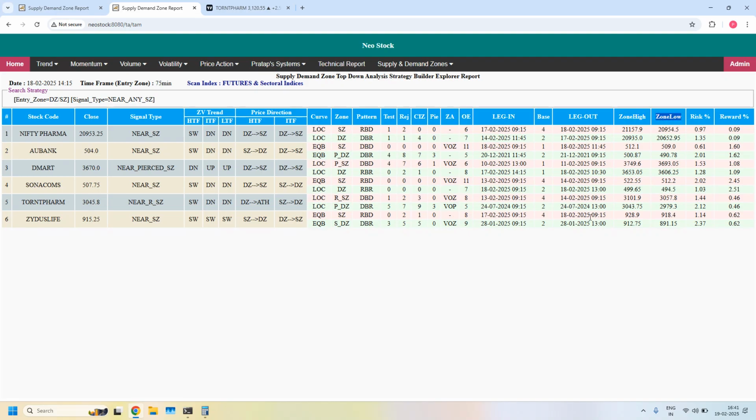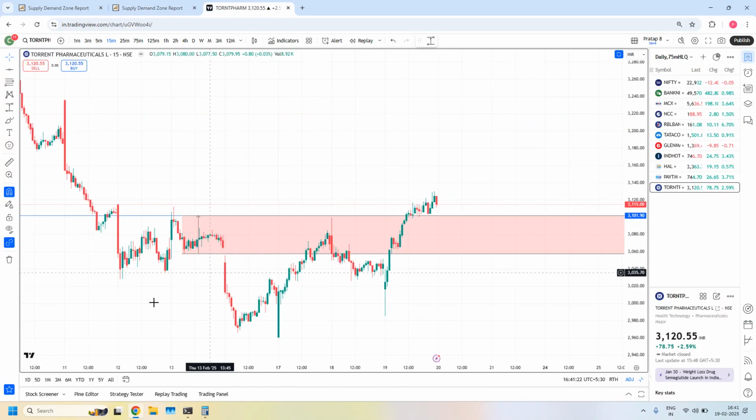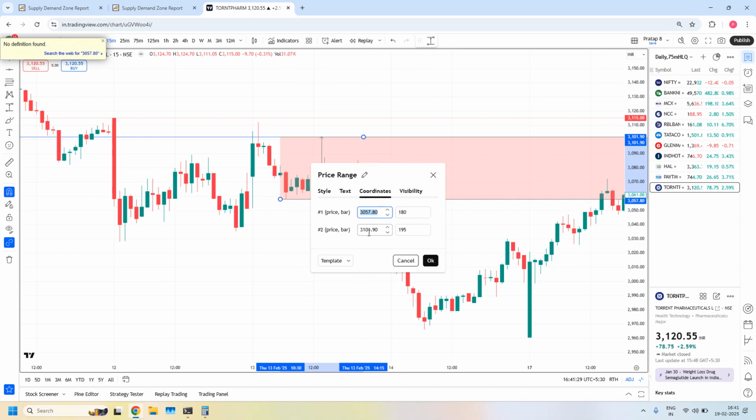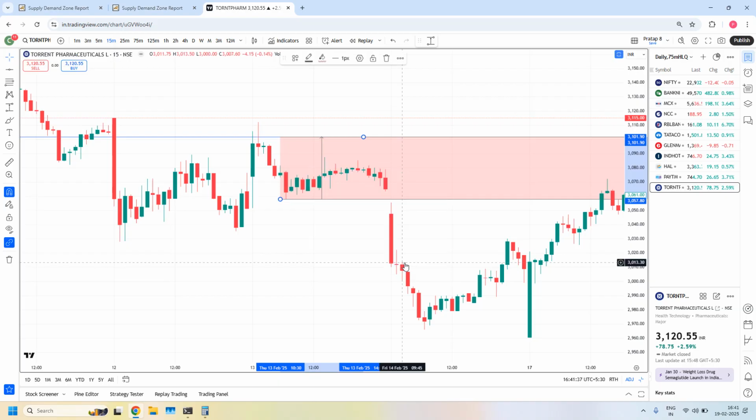Look into the zone high. What is the zone high? 3,107.90. That is what you are seeing here. This zone high, what level did I adjust it to? 3,101.90.